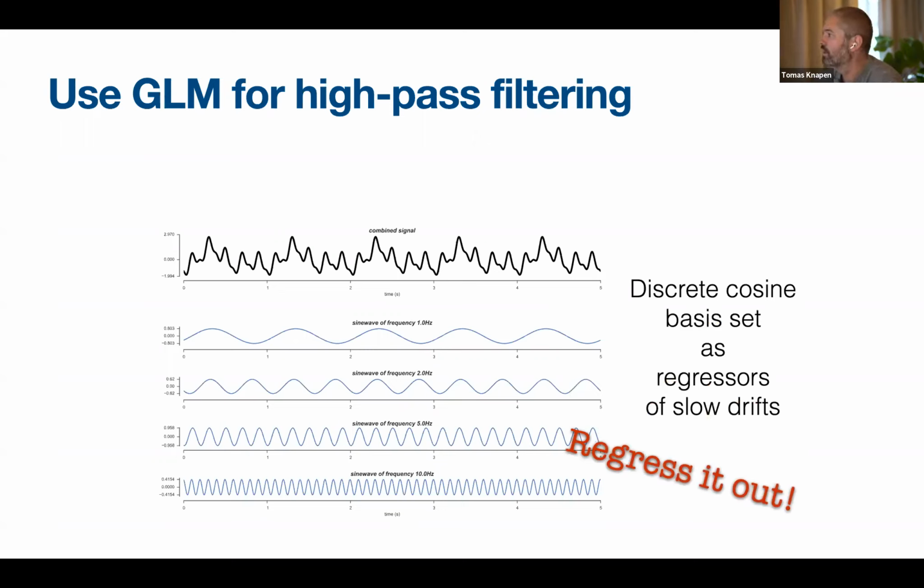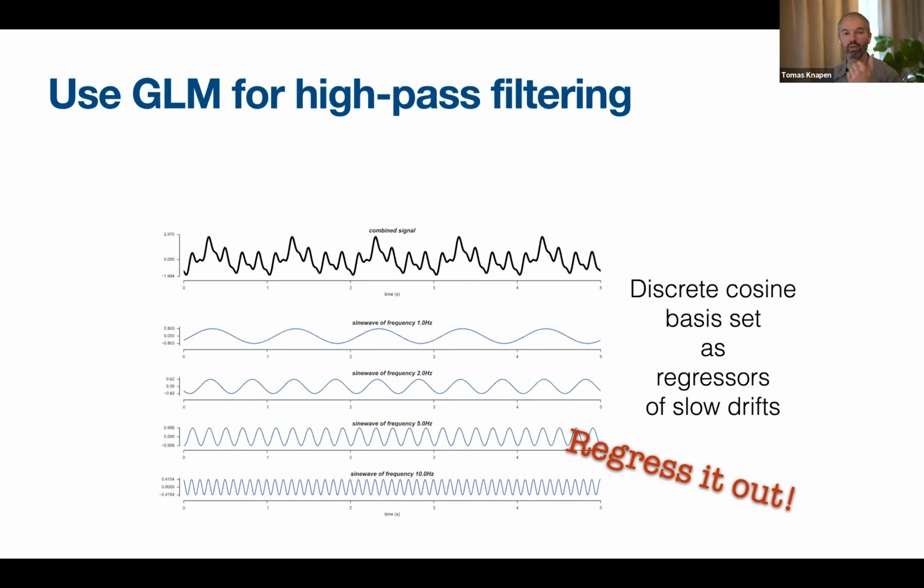In this case, this slow drift would be something of a residual, right? If we use our standard design matrix, we'd get this slow drift and that would be a residual. This slow cosine basis set would allow us to capture that, in which case it's no longer unexplained signal. And that's what you want.